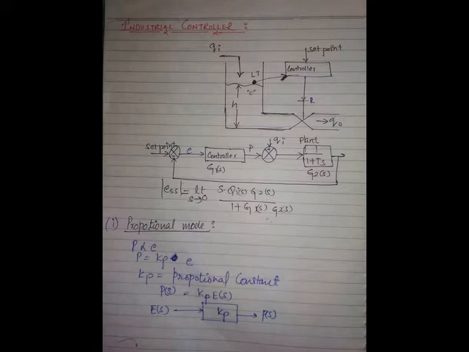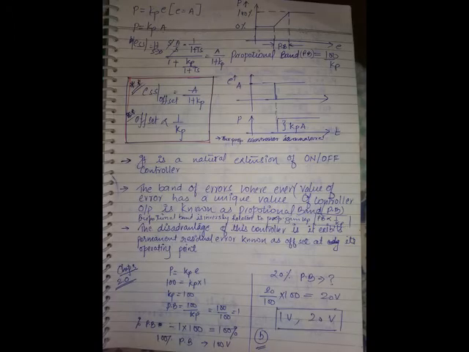Now listen. The second type of controller mode we call integral controller, or integral mode. In an integral mode, the rate of change of controller output is proportional to error.